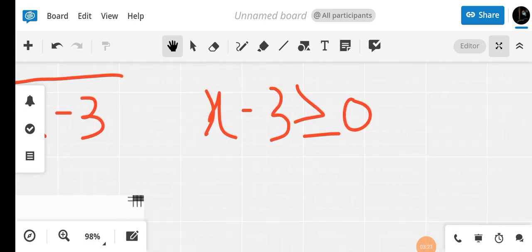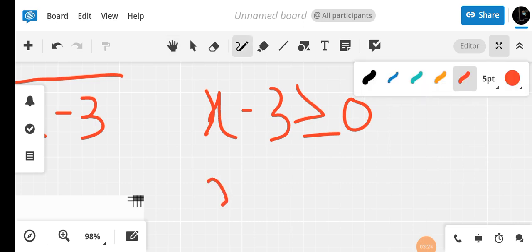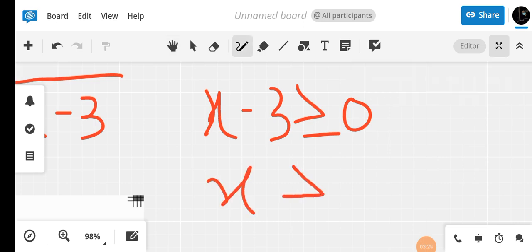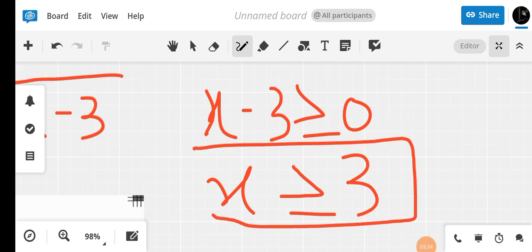So x minus 3 should be a positive number, meaning it should be greater than 0. So we can write that x should be greater than 3. Okay, so this is the domain of the function, that x should be greater than 3.